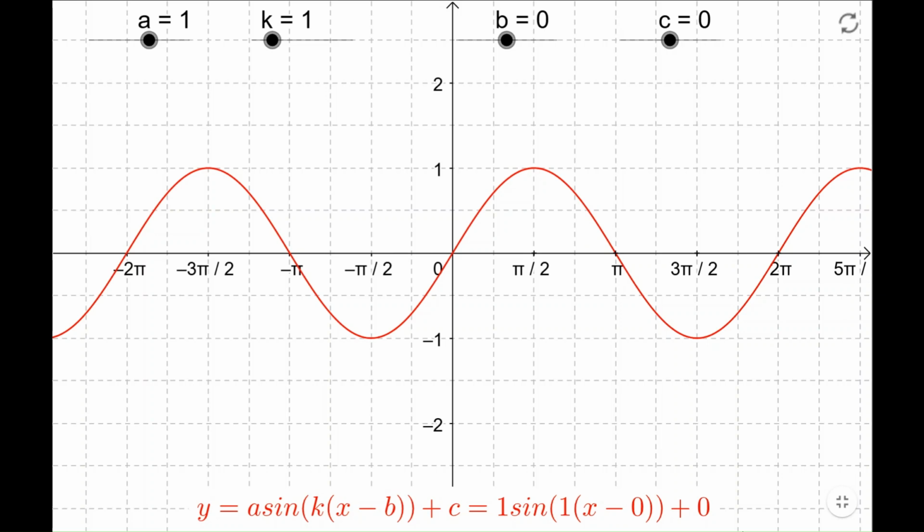Hopefully you can remember what those constants do to the graph. What does the a, the k, the b, and the c do? How they affect the graph. You may have seen them with different letters. The actual letters you use don't matter. What's important is where those letters are located. So just a quick review.